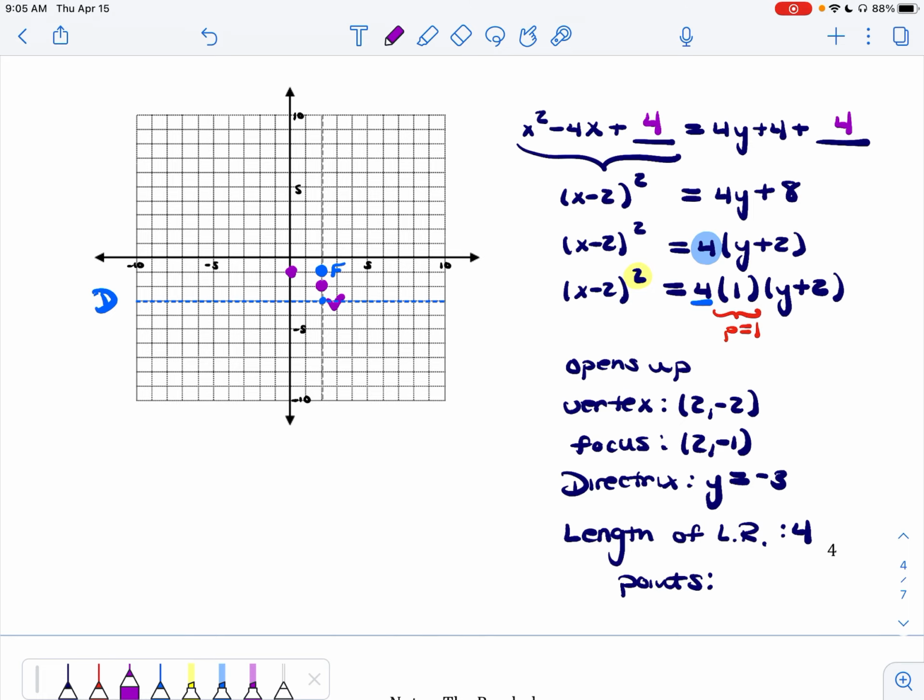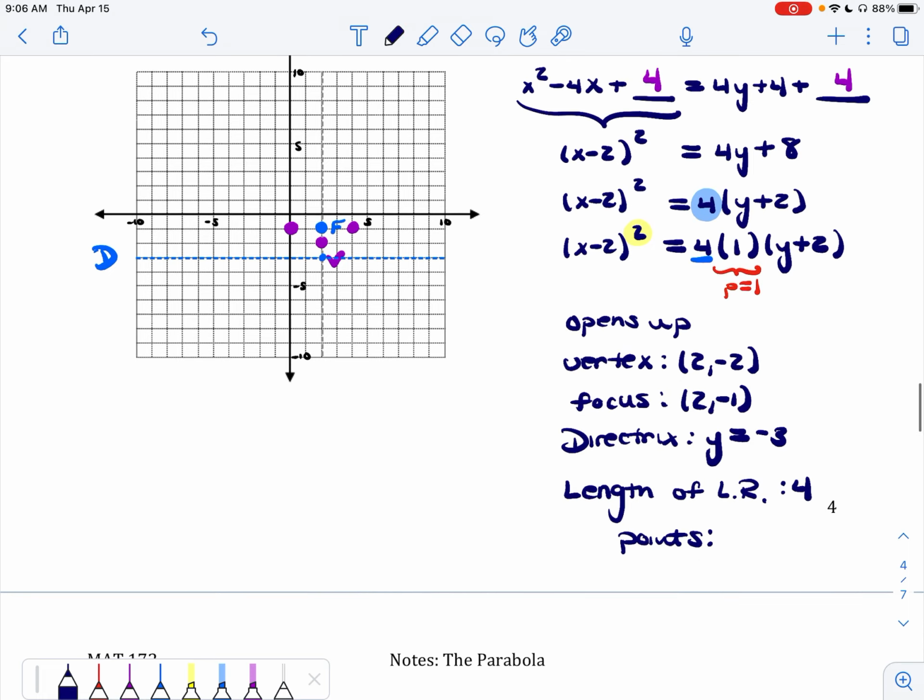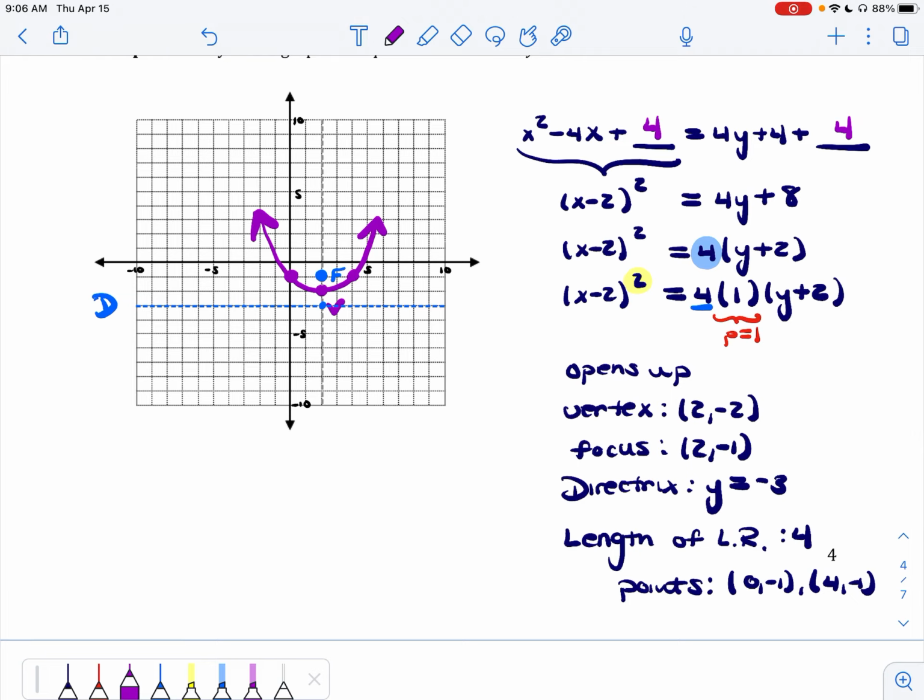So 2 units left and 2 units right will give us the points at (0, -1) and (4, -1). And then just connect the points, and we have our graph.